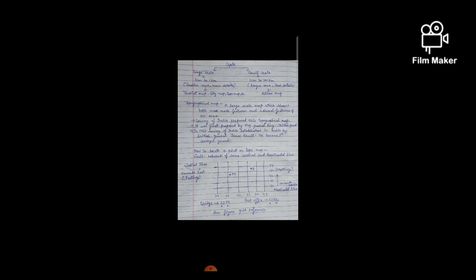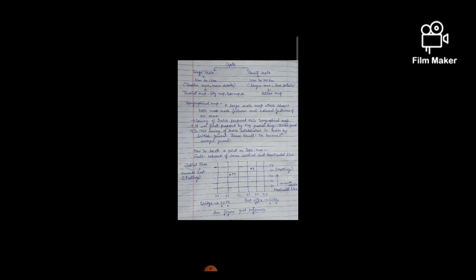Now we will learn how to locate a point on topographical map. But first we should know about the grid before locating a point on the topo map. So what is a grid? We can say grid is a network of some vertical and horizontal lines.